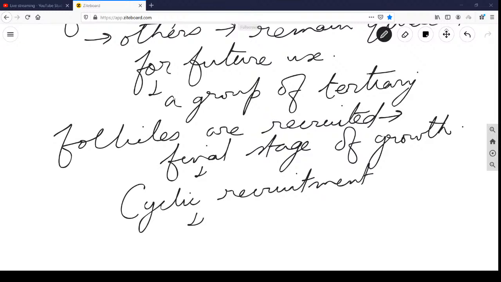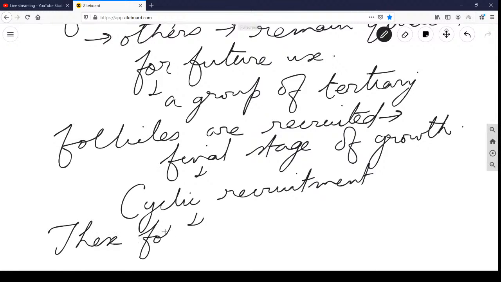Now these specific follicles increase greatly in size during the follicular phase, and a few reach 14 to 21 mm in diameter by days 10 to 12.